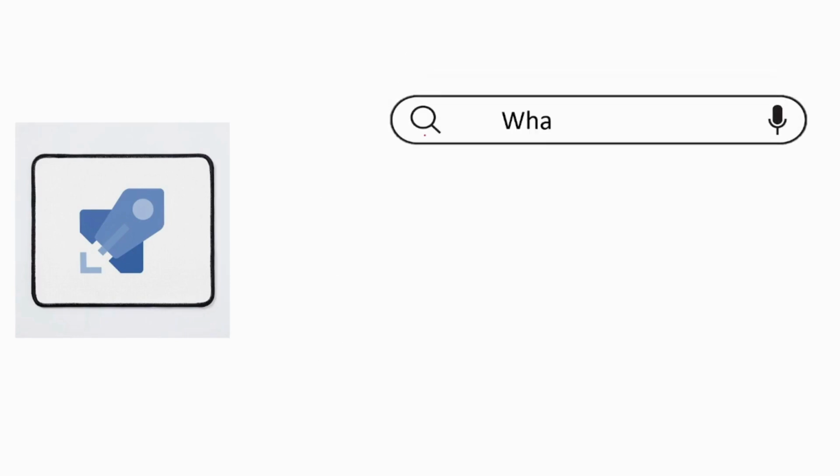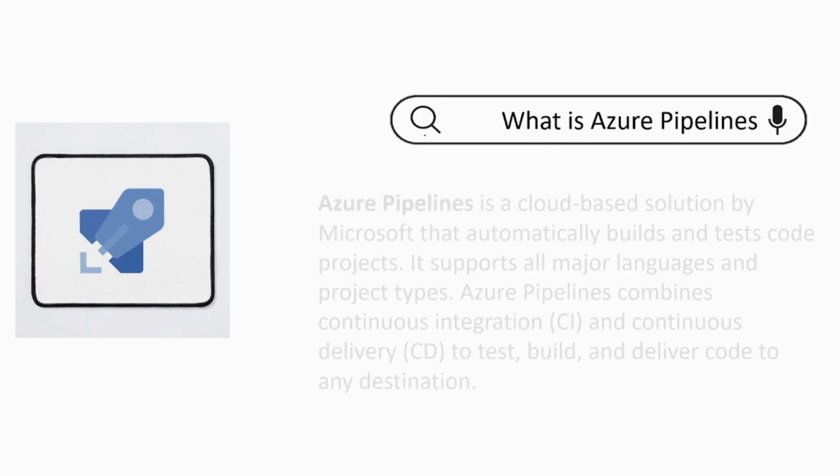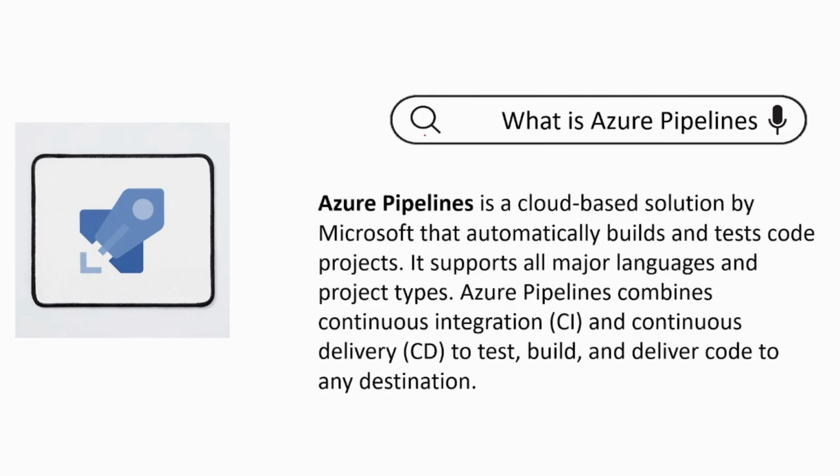Azure Pipelines is a solution from Microsoft Azure Cloud, which is a completely cloud-based solution, meaning we will not install or configure this tool. It is readily available on the cloud platform on Microsoft Azure, so that automatically performs this job.